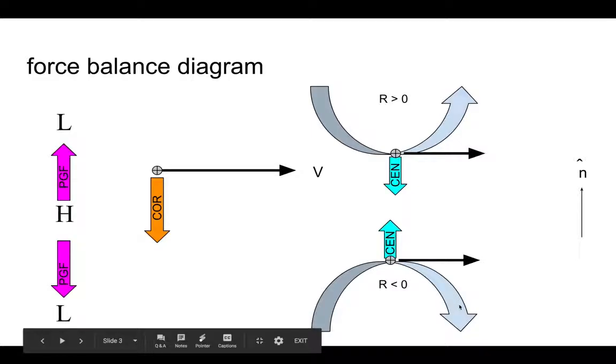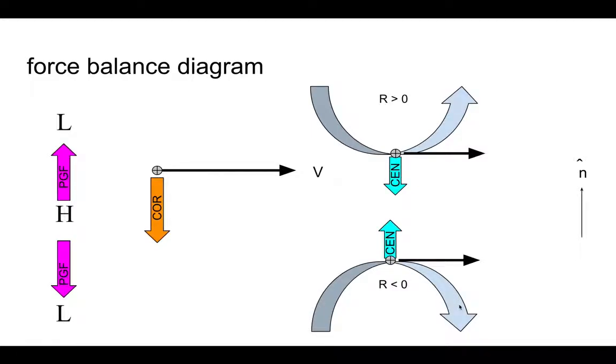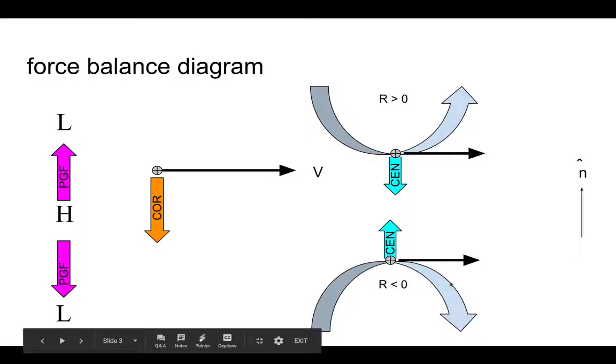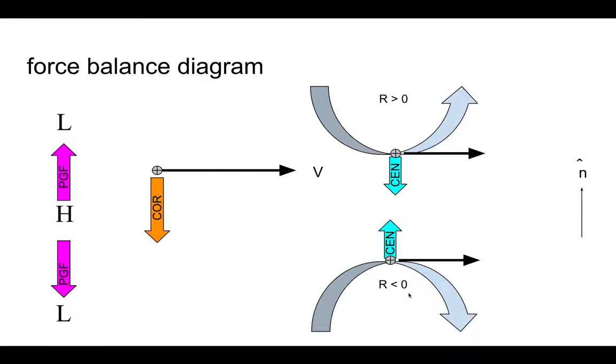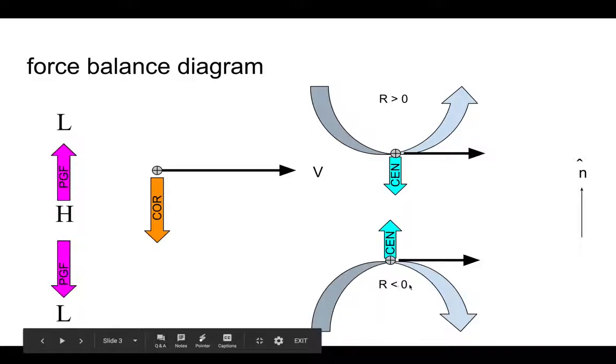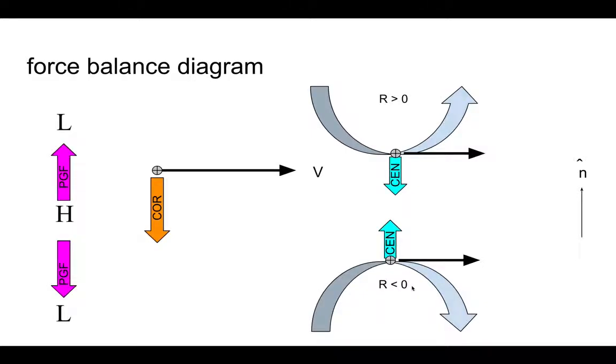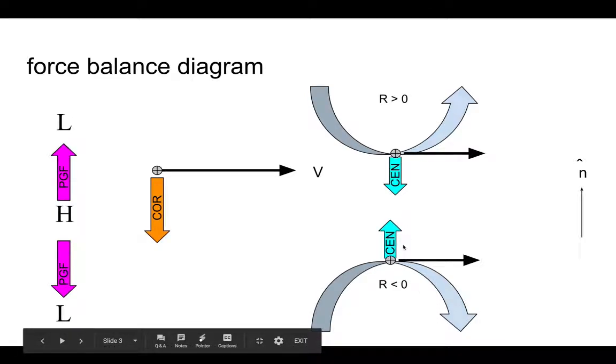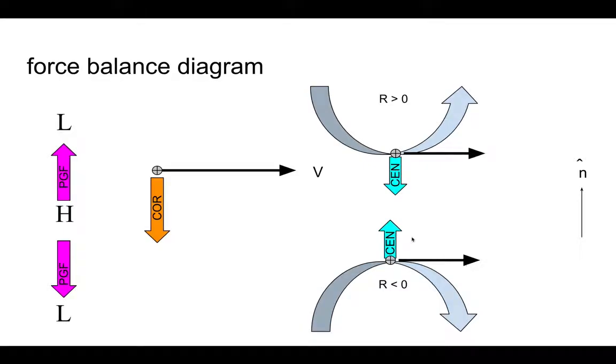And we could also have clockwise turning flow, which if we measure the radius to the center of that curvature, we define that as negative radius. And the centrifugal acceleration acts outward from that turning, and that's in the plus n hat direction in this example.